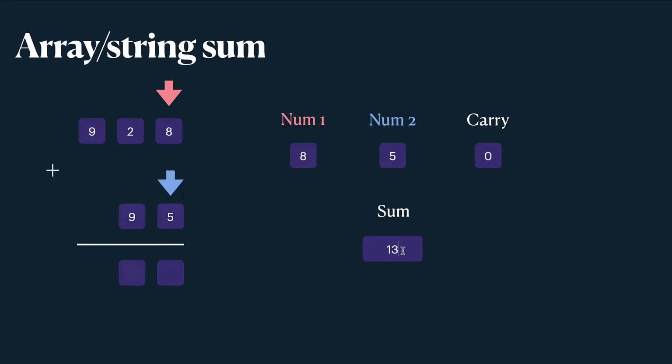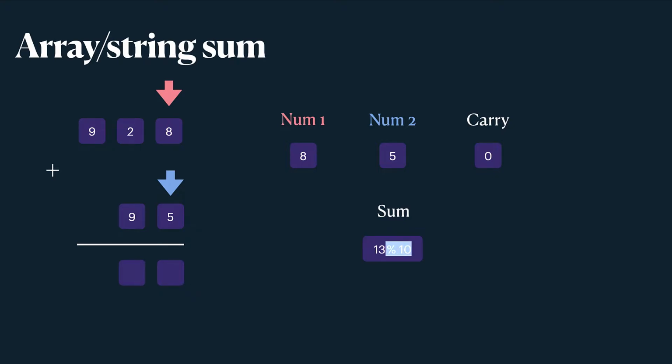So we have the sum, and now we need to understand if we need to carry anything further, and what we should place here as the first digit. So if it's over 9, then we need to place the remainder of dividing it by 10.